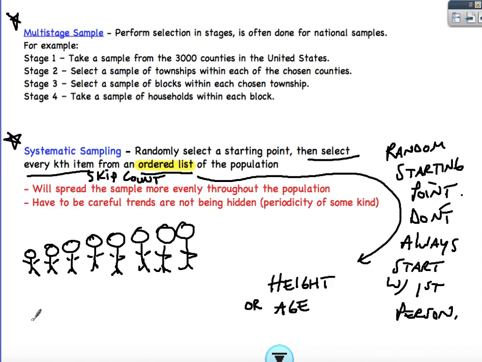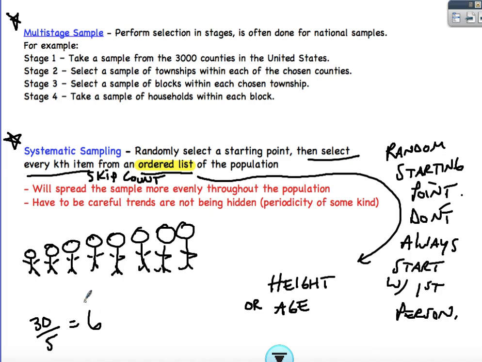I think what we did was, let's say there were 30 people in the room and I want to select 5 people. I would divide by 5. So that would mean that I would skip count by 6s. And that means that even if I start with the 6th person and then skip count by 6s, I will still be able to get 5 people out of those 30.